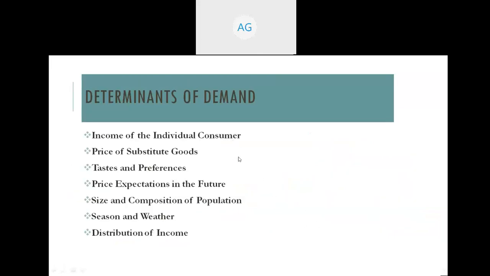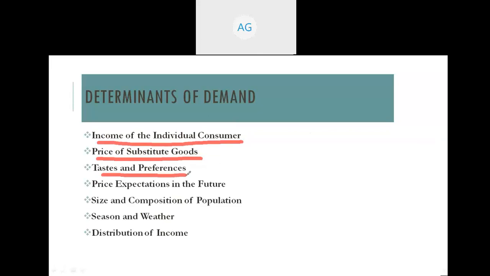So the determinants of demand. Basically, the determinants of demand consist of these factors. These are the important factors which determine the demand. First is the income of the individual consumer. Second is price of substitute goods.